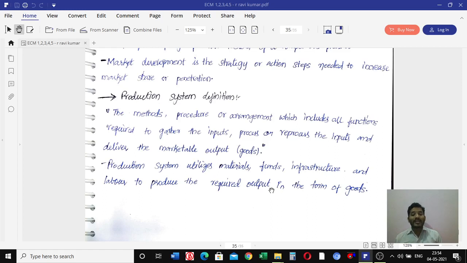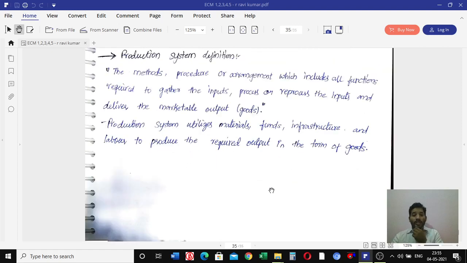The production system utilizes materials, funds, infrastructure and labor to produce the required output in the form of goods.